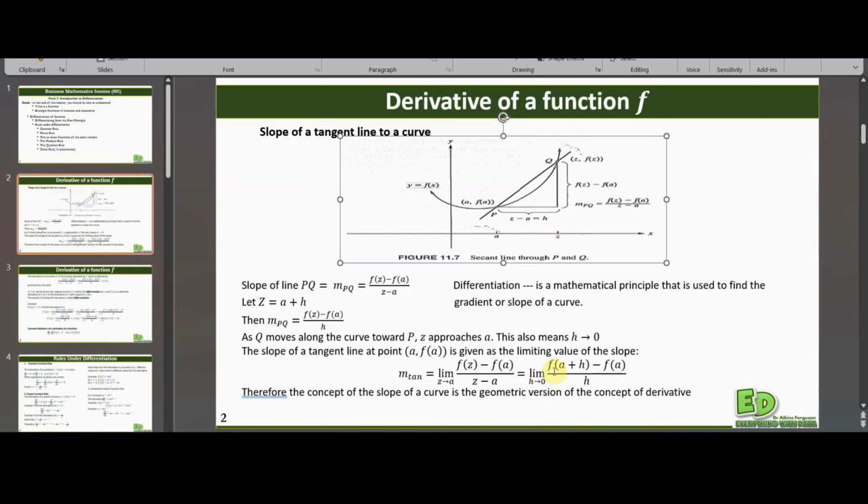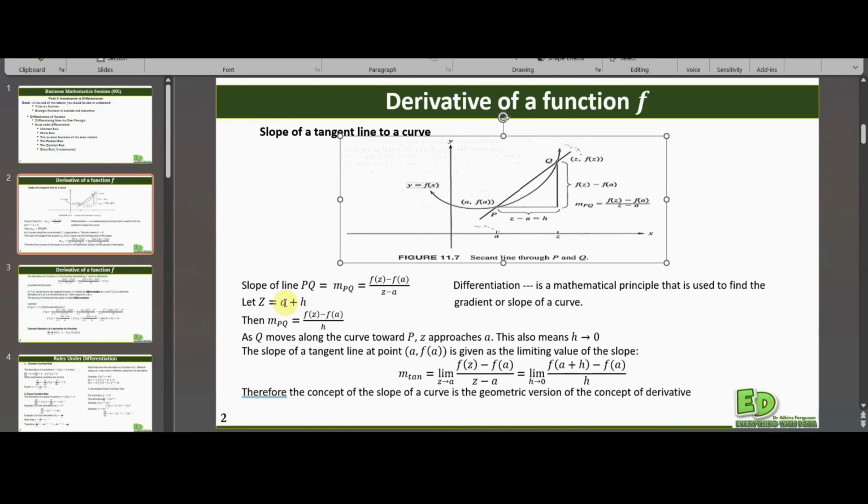Okay. So f of bracket a plus h is simply from this function, this term we have here. We say that from z to a here is equal to our h. So z minus a is equal to h. We can just do what is called a change of subject here, and then we'll make z the subject. So making z the subject, we say that let z be equal to what?